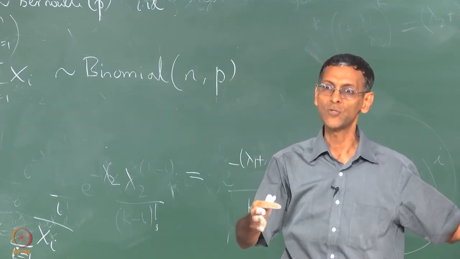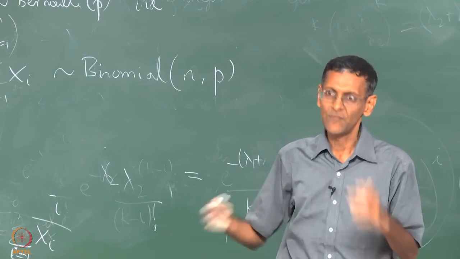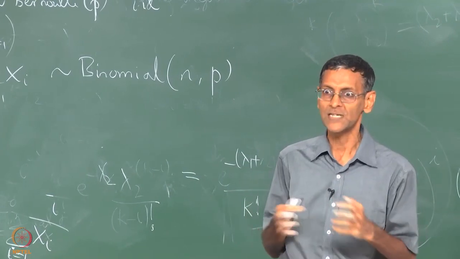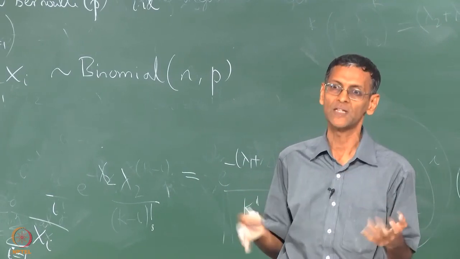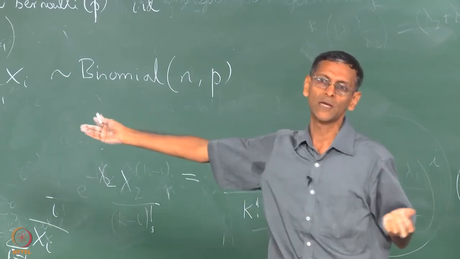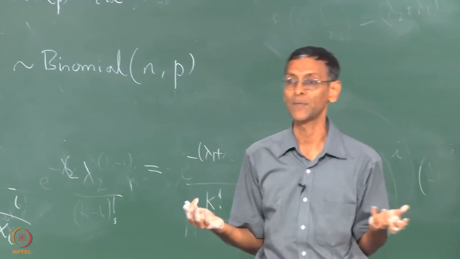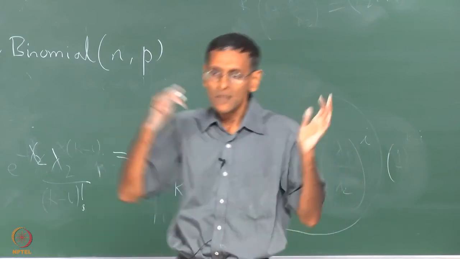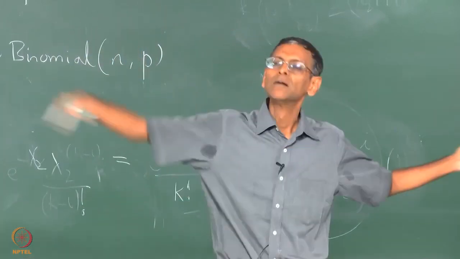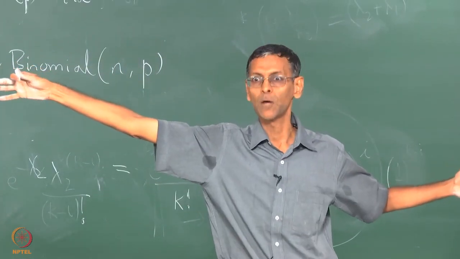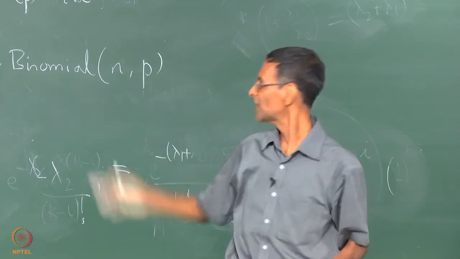X1 is the number of observations you make over one interval, x2 the second. If the underlying process is governed by the same physics, then the xi's will all have the same parameter lambda, and therefore x1 plus x2 plus x3 will be the equivalent of observing for such a long period of time. So that also makes sense.